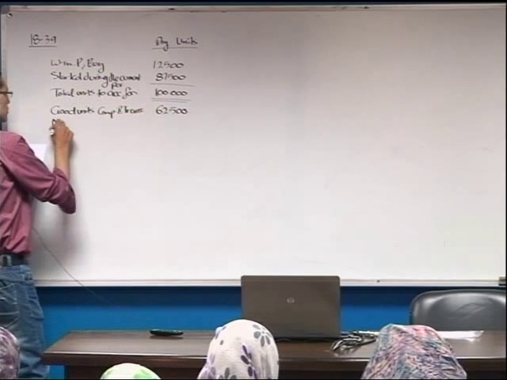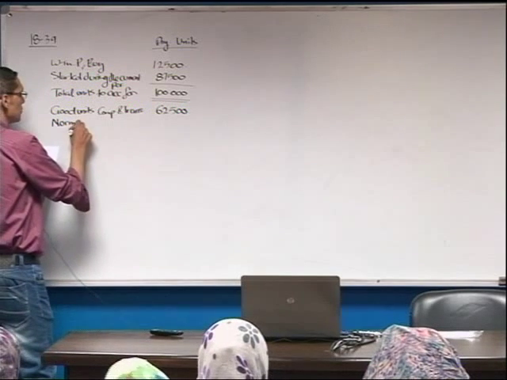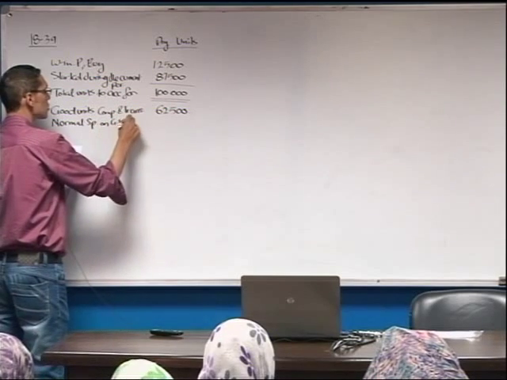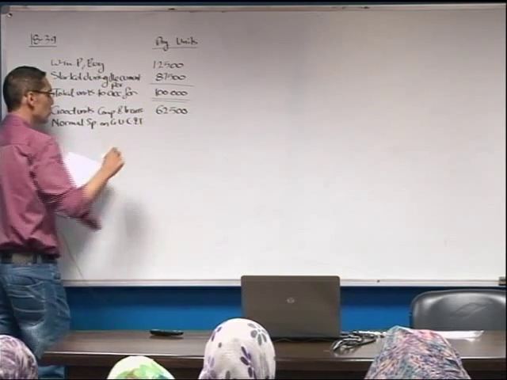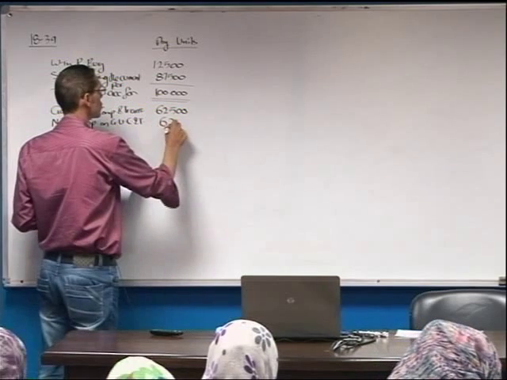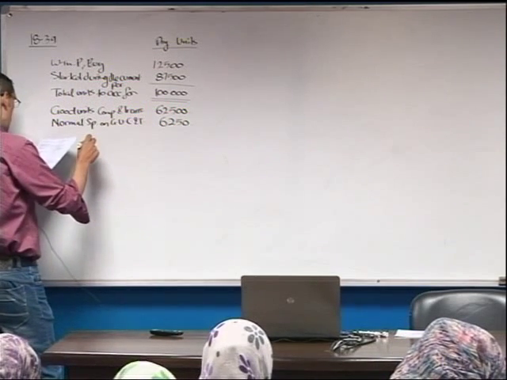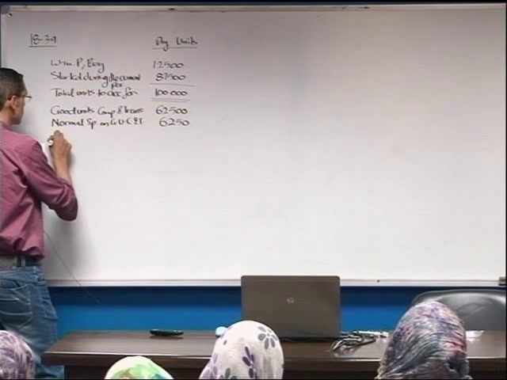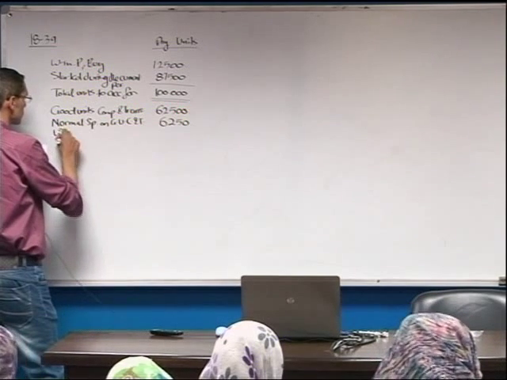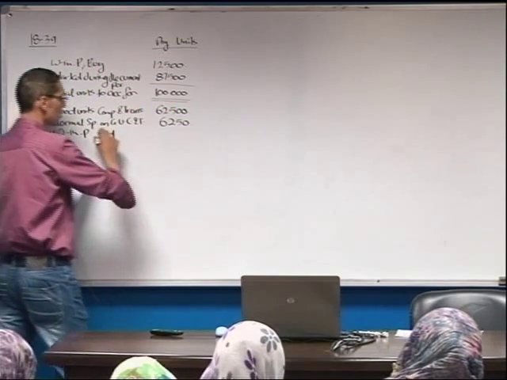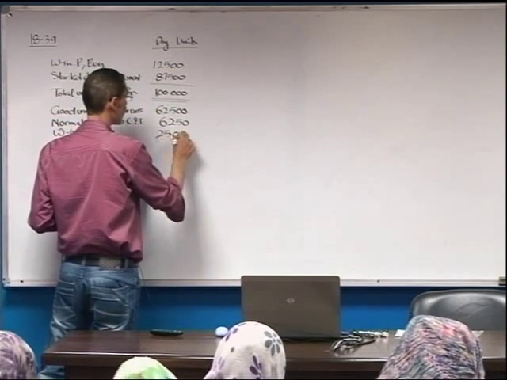Normal spoilage on good units completed and transferred out, 6,250. The ending work in process, 25,000.